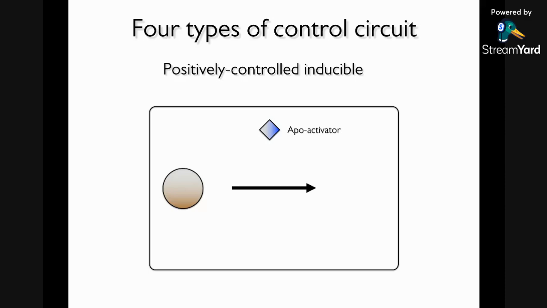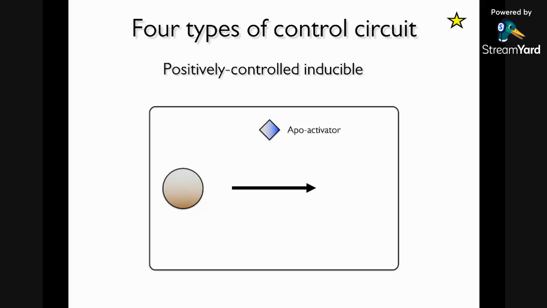It's inducible, so the end state has to be that the switch is turned on. So we have to add a co-activator that modulates the apo-activator to turn it into an activator, which then causes induction and production of our product. If we remove the co-activator, as before, then the apo-activator returns to its inactive form, and the genetic circuit is turned off.